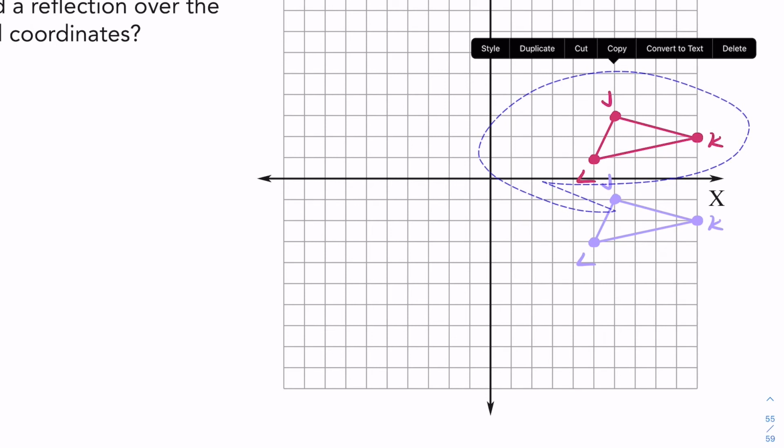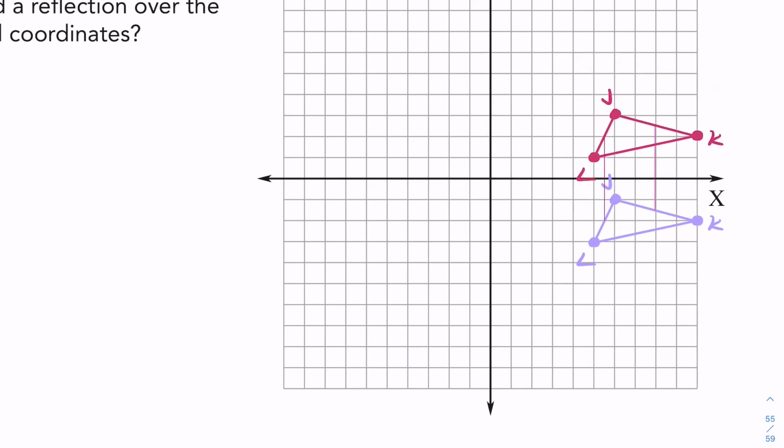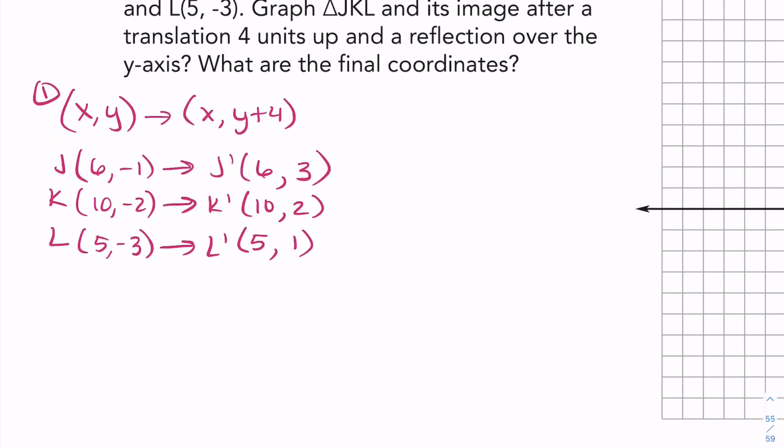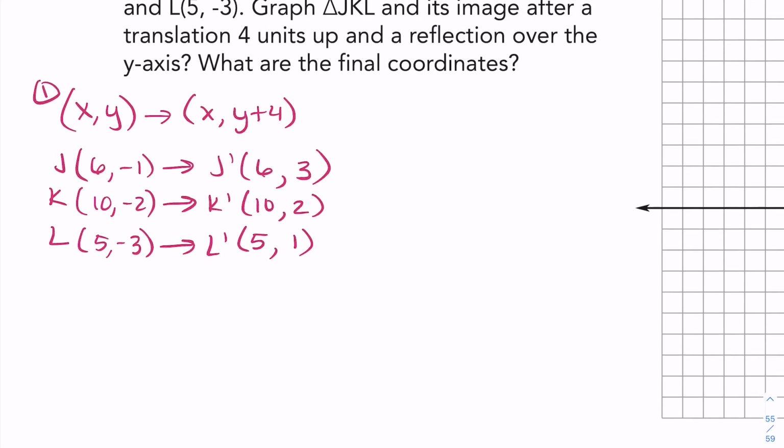Yeah, there we are. Oops, I don't know why I'm putting 2. It's only 1 tick mark. There's our JKL, 4 units up.